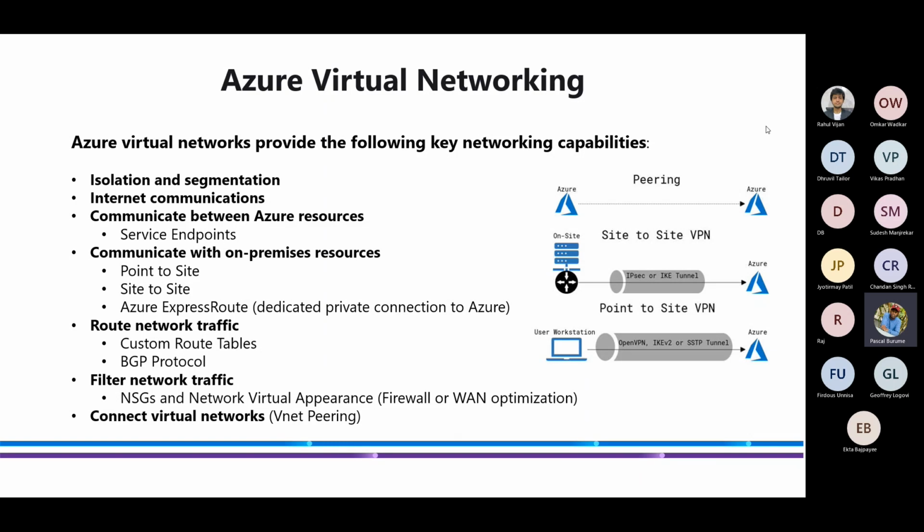This is in case where you need to connect many, many resources, like many computers. But in case, for example, you have just only one computer, you can use point-to-site VPN. For example, I want to connect directly to my servers, which are located, for example, in India.